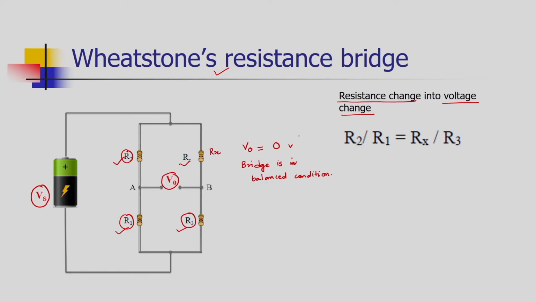To have output voltage equal to 0 volt, if you look at the correlation between these resistor values, you will find that R2 divided by R1 is equal to Rx divided by R3. So, to get 0 voltage we are choosing R2, R1, R3 and Rx.